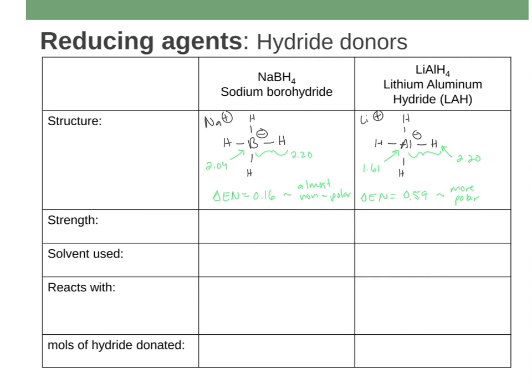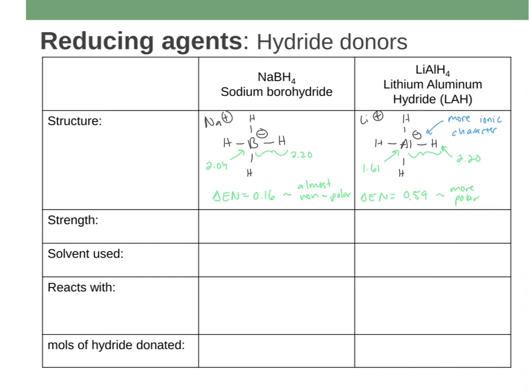And that becomes important because this bond right here has more ionic character than the other one. And it's this more ionic character, the fact that there's a larger difference in electronegativities, that is going to lead us to use lithium aluminum hydride when we need a stronger reducing agent.